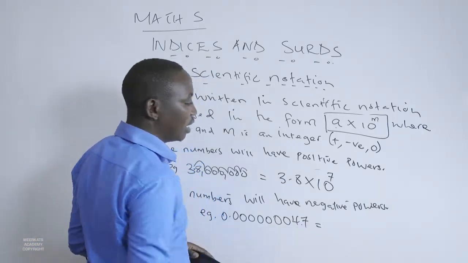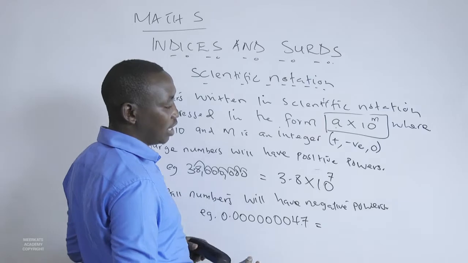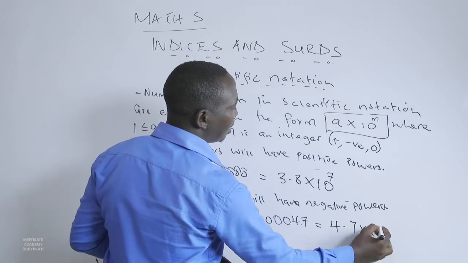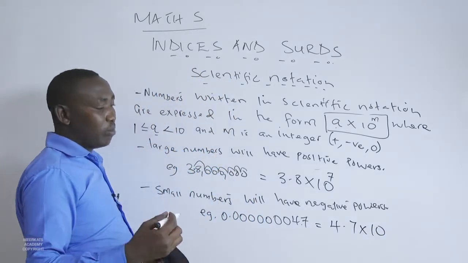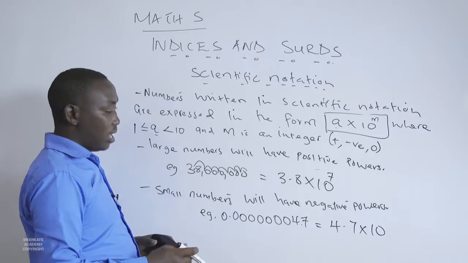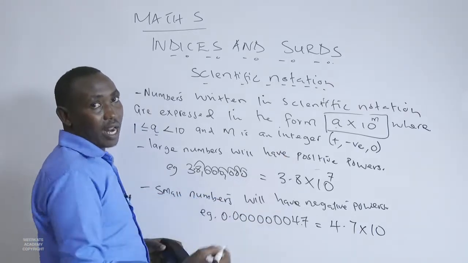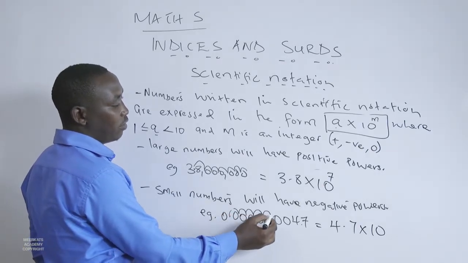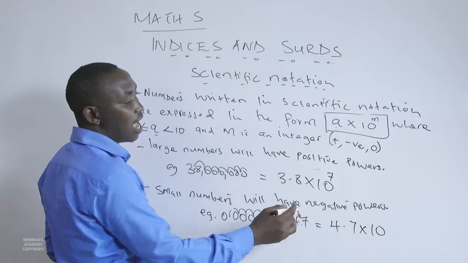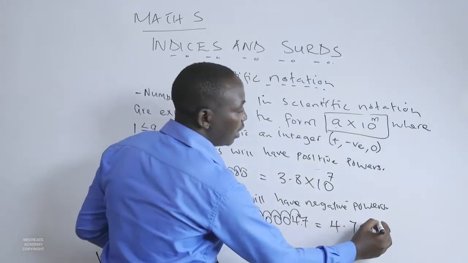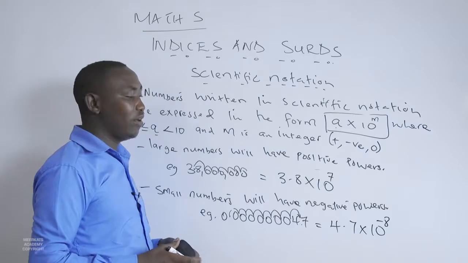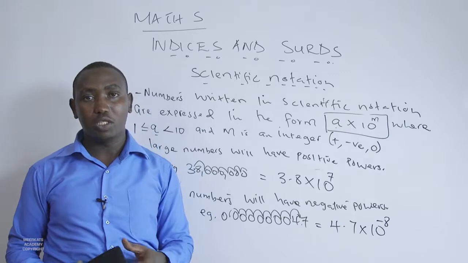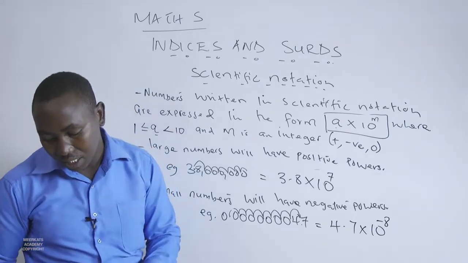So written in scientific notation, this will be 4.7 times 10. Now your M is going to be negative because you are dealing with very small numbers and you're going to the right hand side. So how many steps are we moving? 1, 2, 3, 4, 5, 6, 7, 8. And we are moving to the right hand side, so this will be raised to -8. So you find that the whole number has been shortened to such a small number. That is the scientific form.